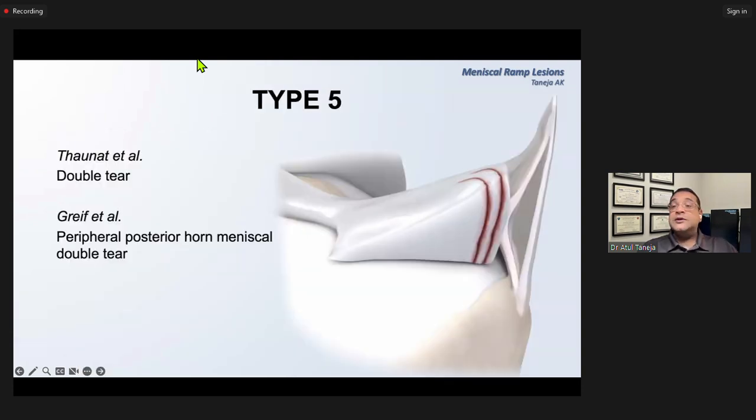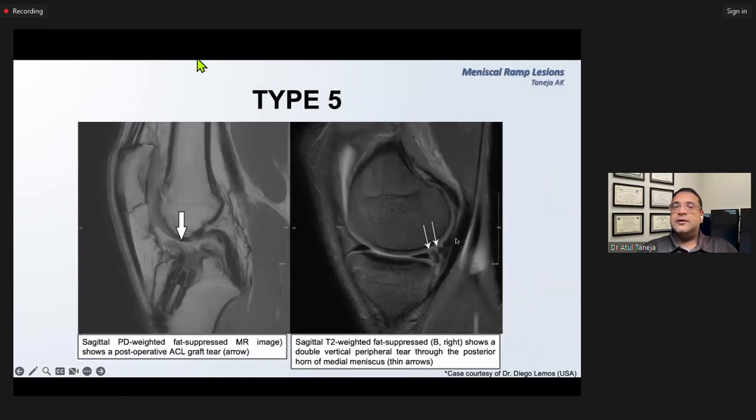All right. Type 5 is very rare. Type 5 will be a double tear. Peripheral posterior horn, medial meniscus, double tear. So in this case, a postoperative case, there is a re-tear of the ACL, a tear of the graft, and you can see a tear involving the substance and another tear involving the meniscal capsular junction.